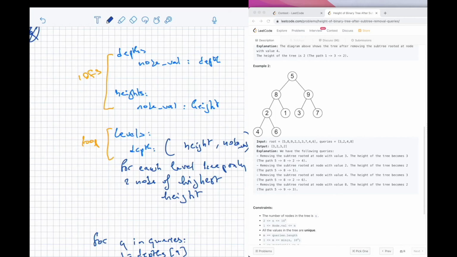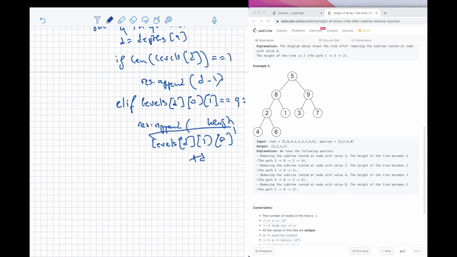Now, one thing to note is we want the largest one. So we want to put a minus here so that if we sort, this would be the first one, right? Okay. We could also sort in reverse and leave it positive if we want. And so here, when we are adding it, we want to put -1 in front so that we get the proper height.